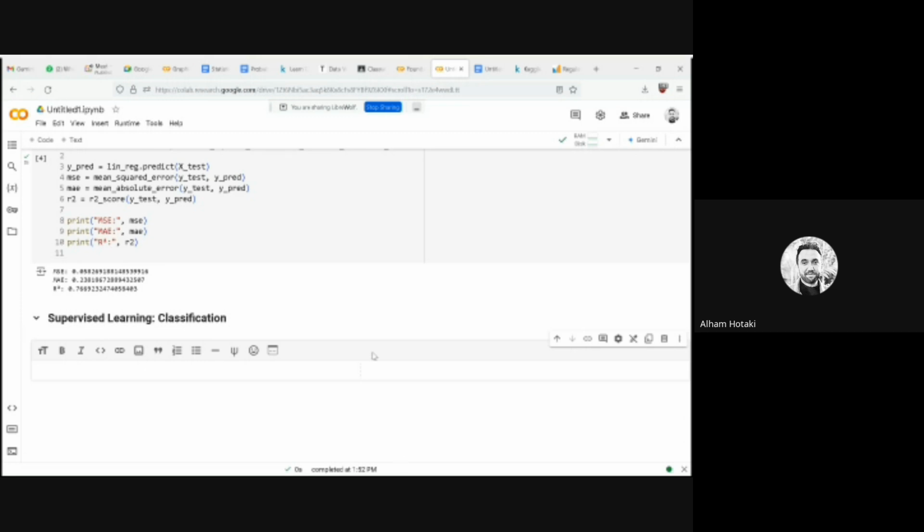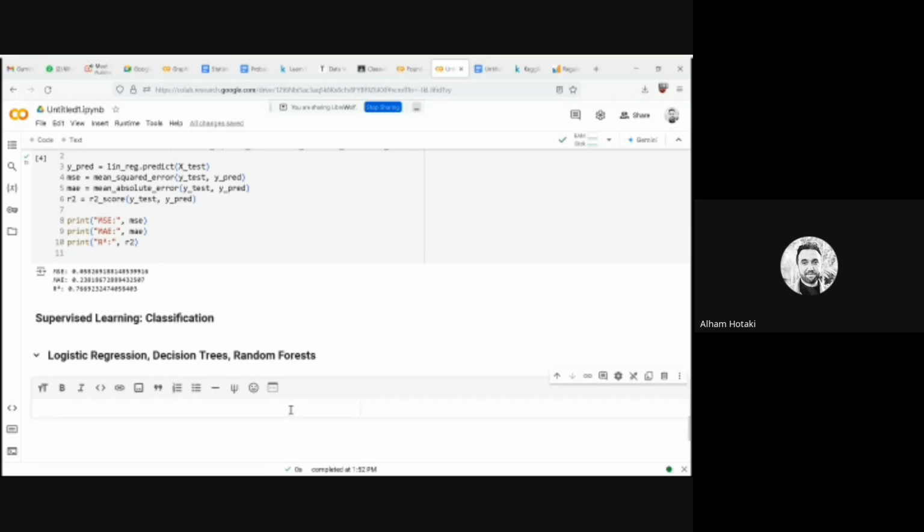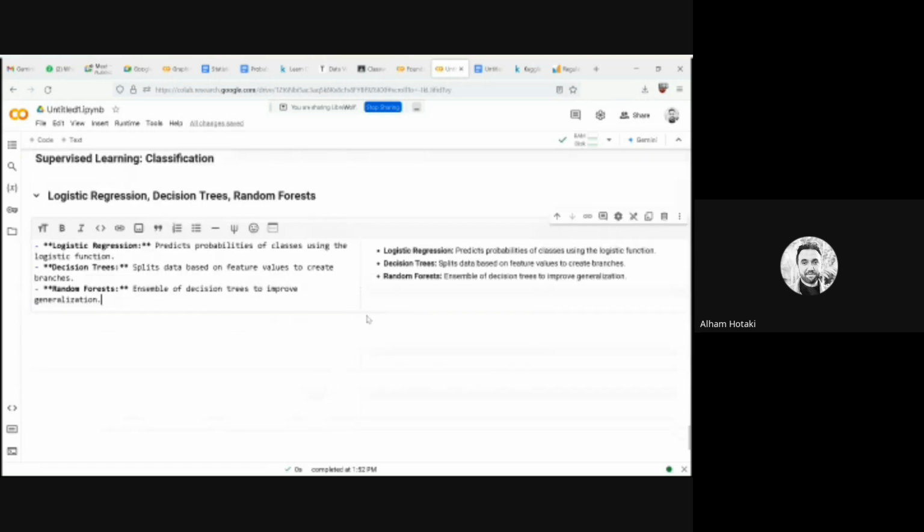But besides logistic regression, there are other types of classification as well, which you have to learn. These are decision trees and random forests. You will learn what a decision tree and a random forest are in very simple words before going into the details of how they work.